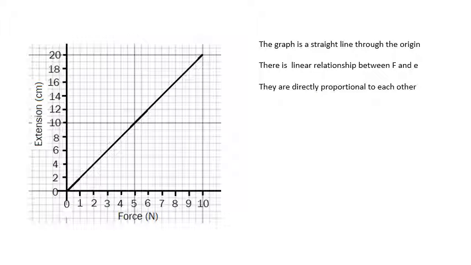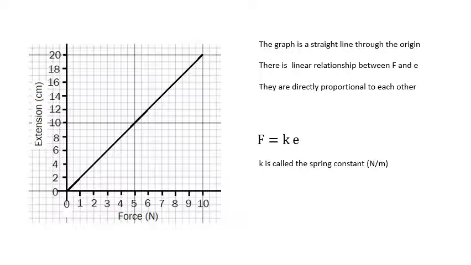So the graph is a straight line through the origin. And that tells us that in this case, the extension is proportional to the force. There is a linear relationship between F and E. Linear, it's a straight line. They are directly proportional to each other.